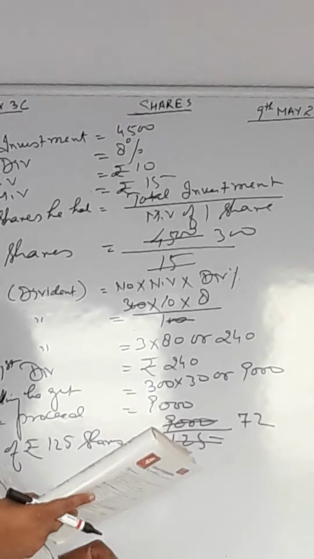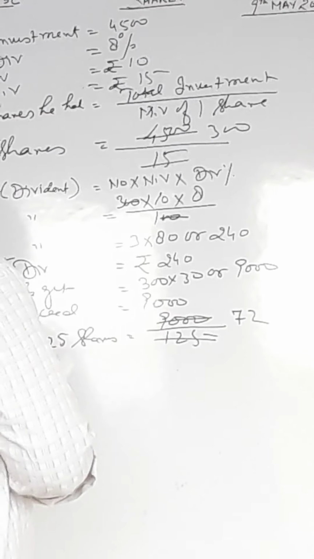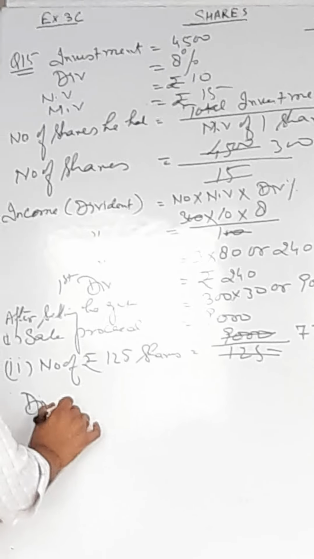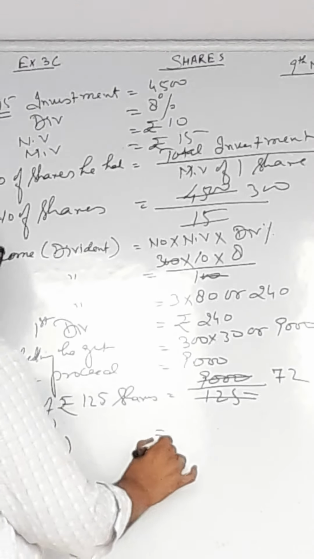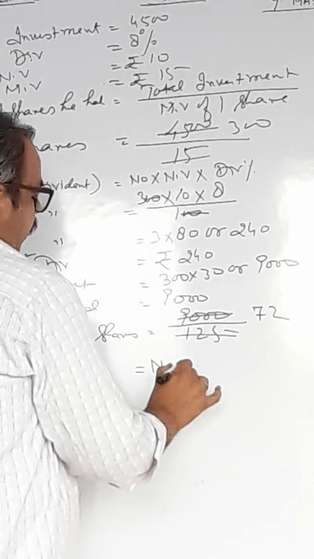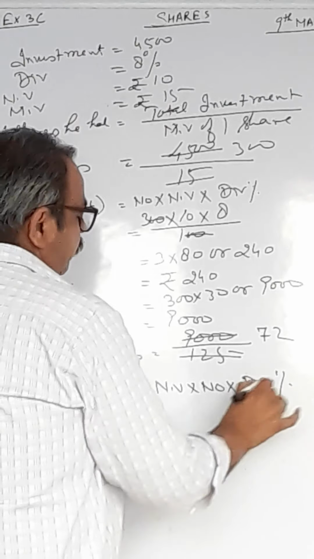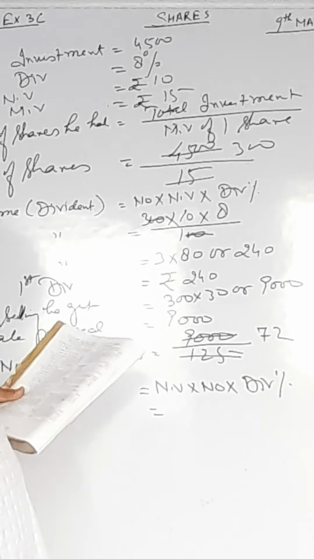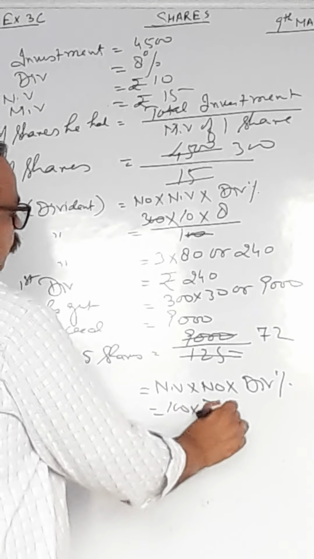Now the new shares he bought. Change in annual income from this second dividend. Second dividend is equal to nominal value, number of shares, into dividend percent. Nominal value of the share 125 is how much? 100. Number of shares 72.